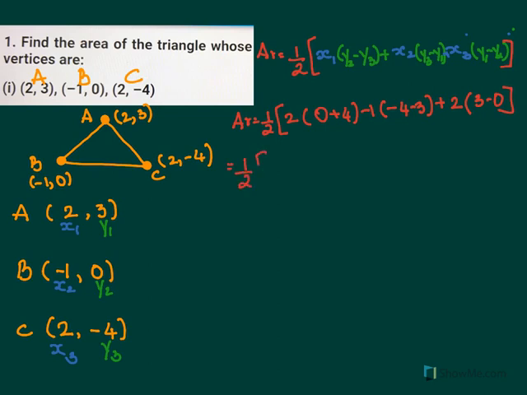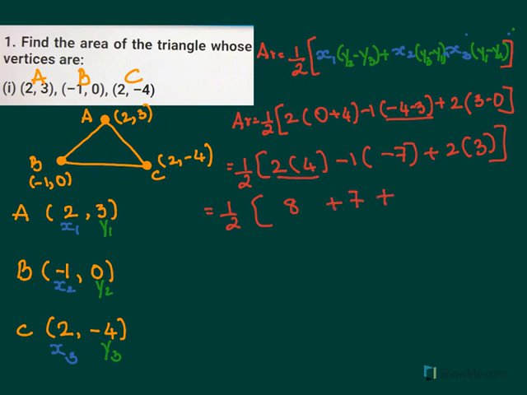It will be half, 2 times 4, which is 4, minus 1 times minus 7, plus 2 times 3. You just have to calculate the values. That is half, 2 into 4 is 8, this becomes plus 7, plus 6, and here we get half into 21. So the answer is 21 over 2 square units.